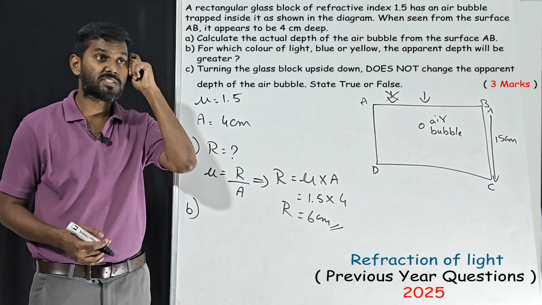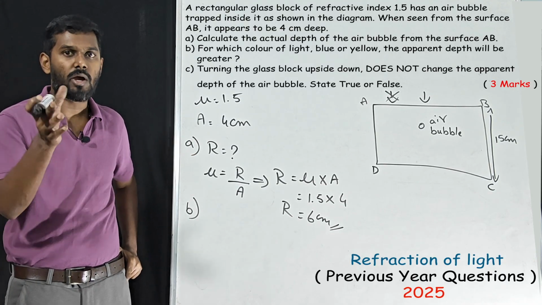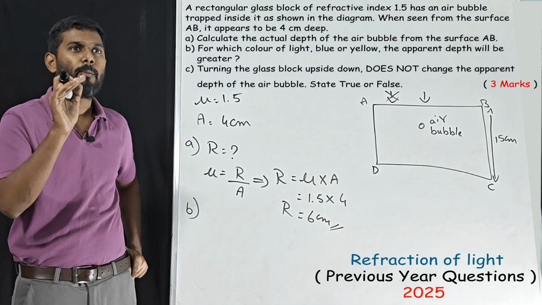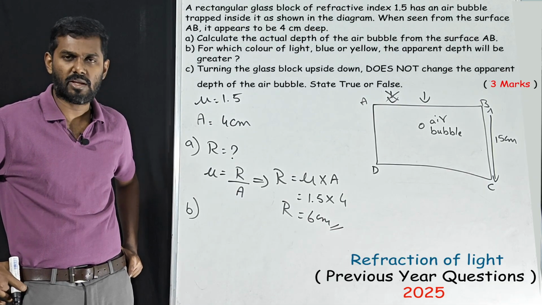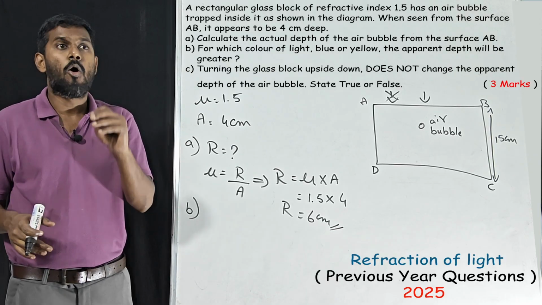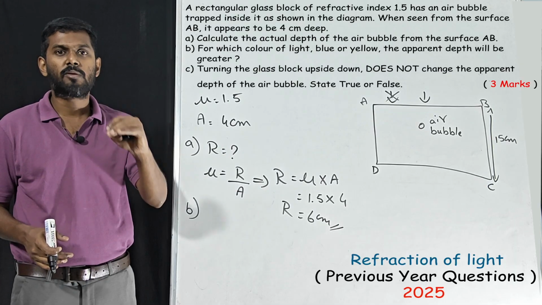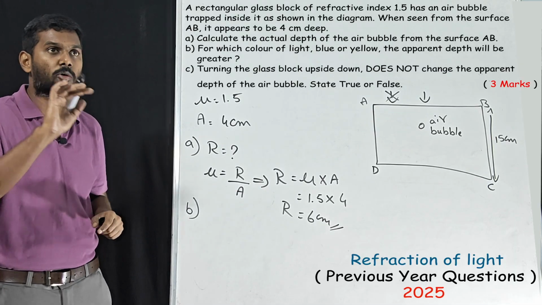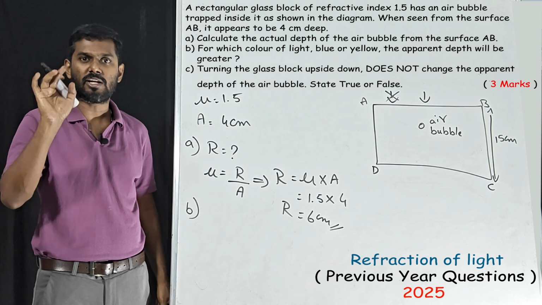Second question: for which color of light, blue or yellow, they have given two options, the apparent depth will be greater. Now we don't have a direct relation between apparent depth and color. What do you mean by color? Color is nothing but wavelength, that you should know. Color means wavelength. Which color has more wavelength, which color has less wavelength, that you should know.